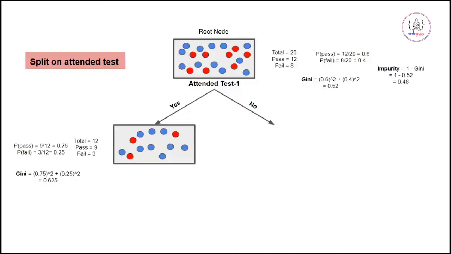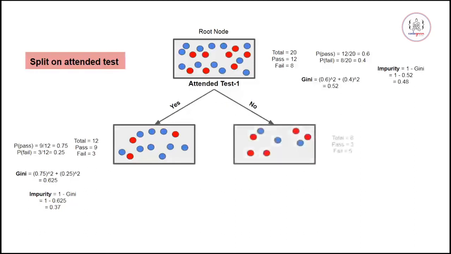So this is your Gini. Now calculate the Gini impurity for this left subnode, which is 1 minus Gini, and your impurity is 0.37.